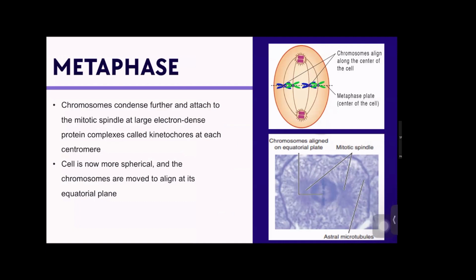Okay, so the cell is now more spherical and the chromosomes are moved to align at its equatorial plane. Metaphase is important, class, to ensure that equal chromosome distribution would happen between your daughter cells.